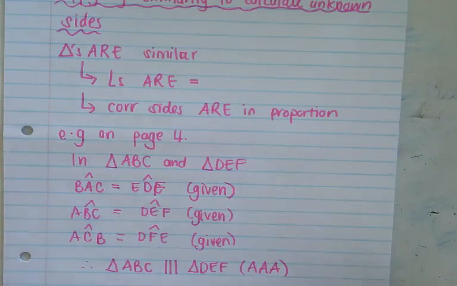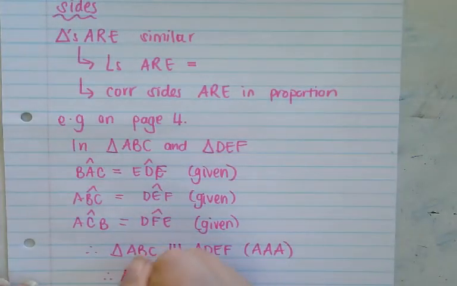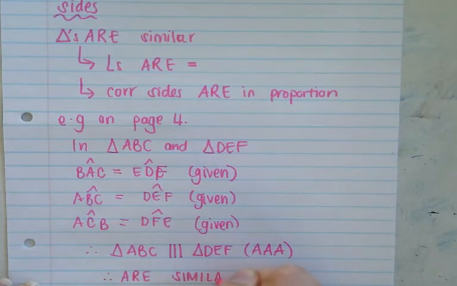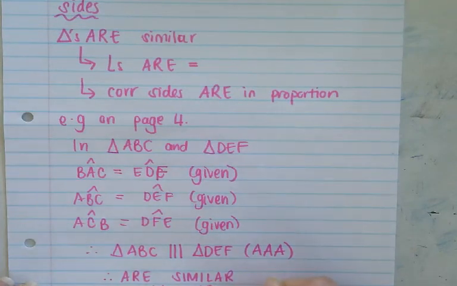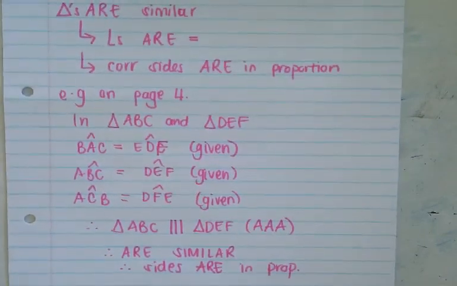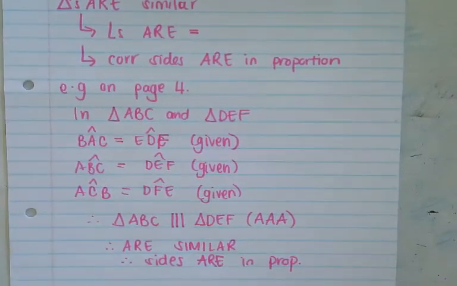So they are similar. Therefore, sides are definitely in proportion. Now the problem comes in which sides are in proportion, and we can see it from my triangle names.